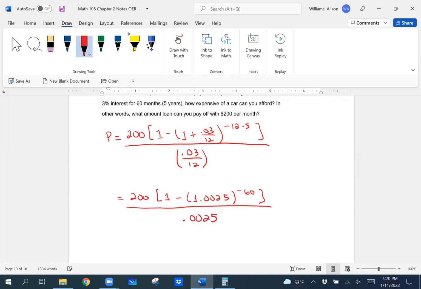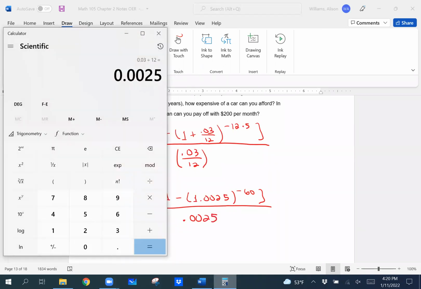I'll go ahead and show plugging this into the calculator. Let me just plug in everything in the numerator. So 200 parentheses 1 minus 1.0025 raised to the negative 60. Close the parenthesis. And then I'm going to hit equals.